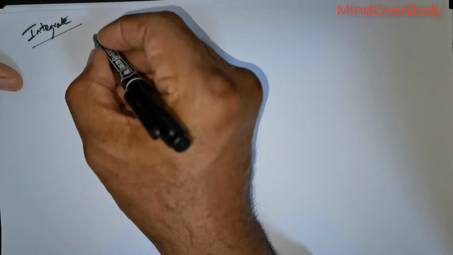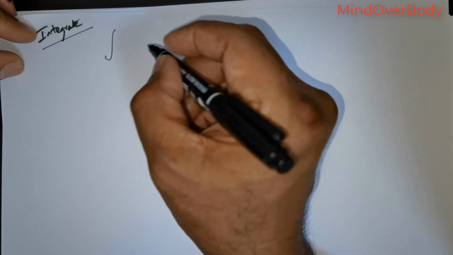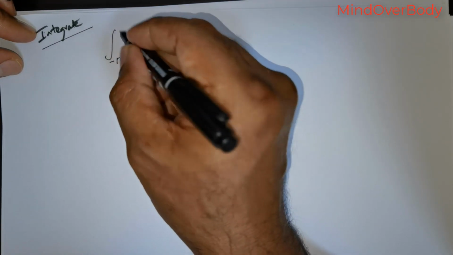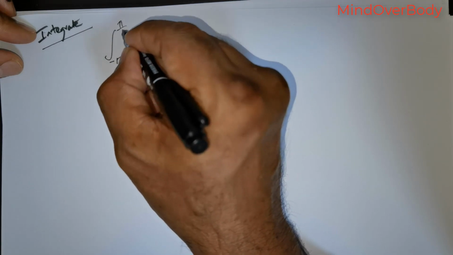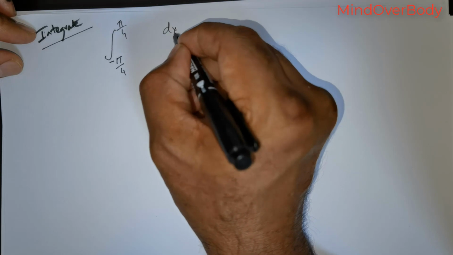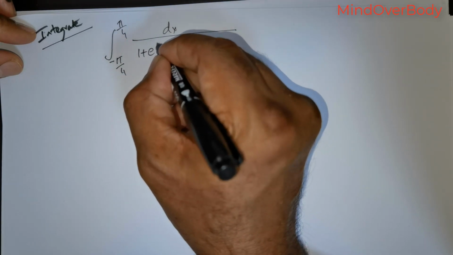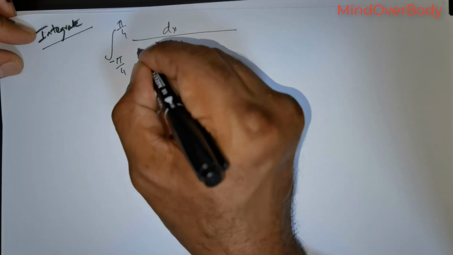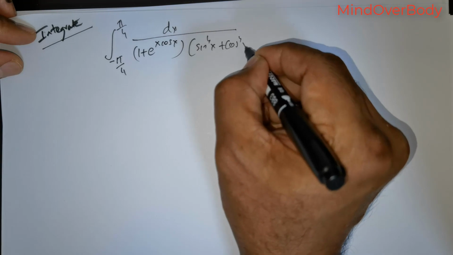Good day everybody. In today's session we will learn how to integrate this scary integral: negative pi over 4 to pi over 4, dx divided by 1 plus e raised to the power of x times cos x times sine raised to the power of 4x plus cos raised to the power of 4x.